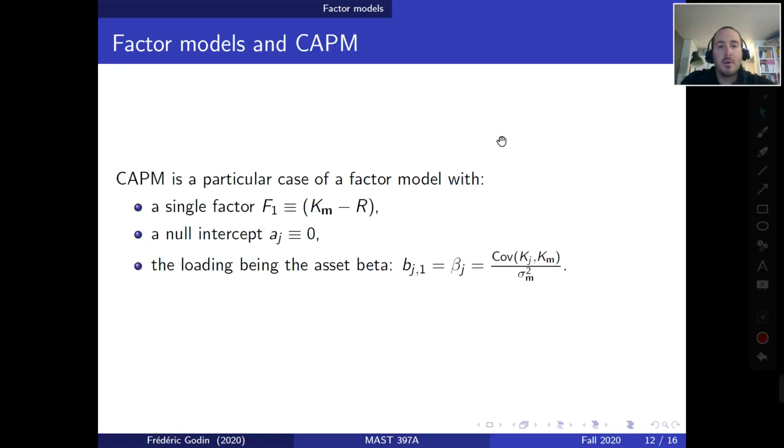Okay, so is the CAPM model a particular case of these factor models? The answer is yes. We can see that factor models are a generalization of CAPM. So how can we see that?